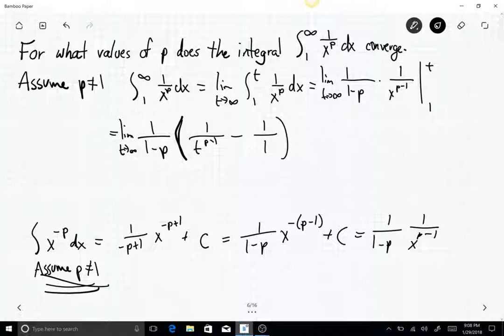So now, let's try and solve this thing. What the heck does this look like? So if you have this actually having the limit as t approaches infinity, we need that piece to stay in the denominator.